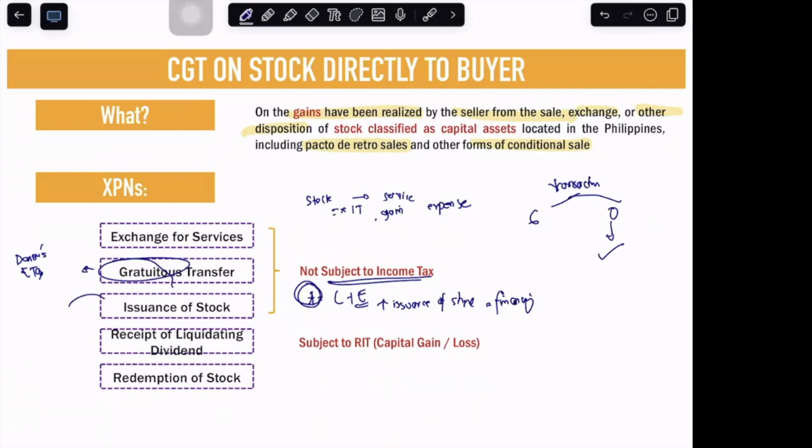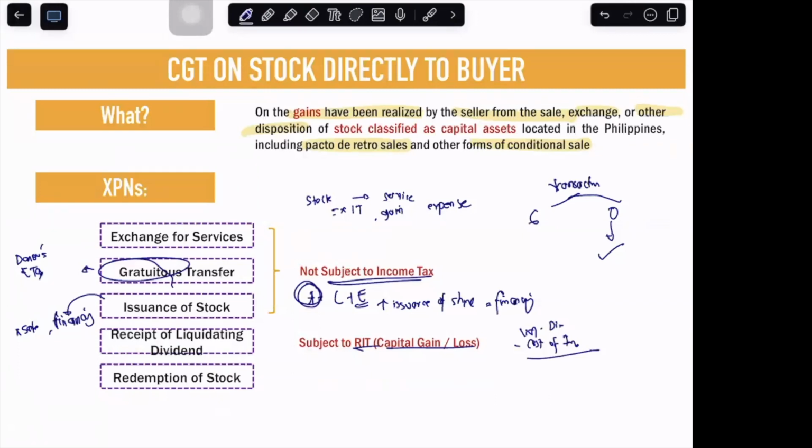So if the issuance is not a sale, but more of financing, then it is considered as not subject to income tax. Next, receipt of liquidating dividend. We said this is subject to RIT, either capital gain or loss. So the liquidating dividend less the cost of investment. Okay, I said that a while back already.